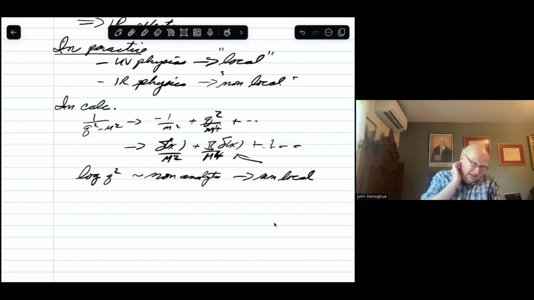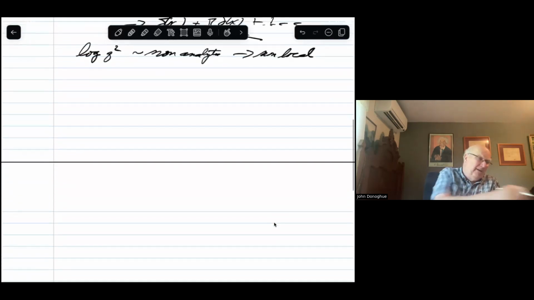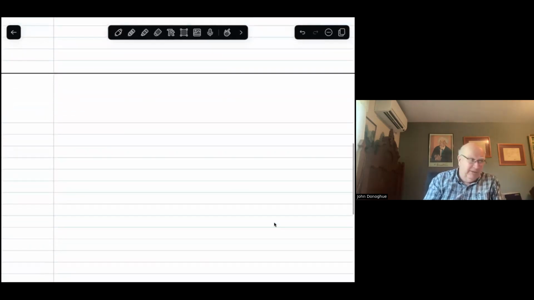So we've seen this in other contexts, and the goal today is to do this carefully for general relativity.